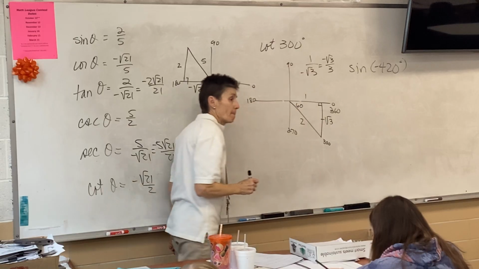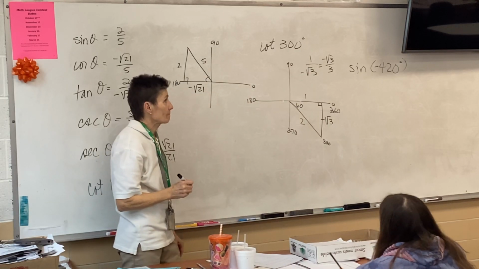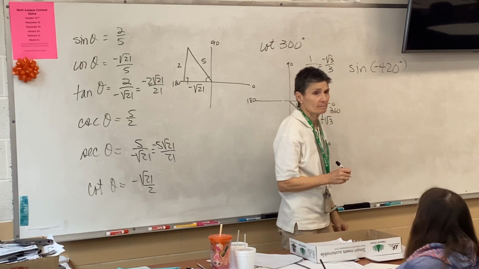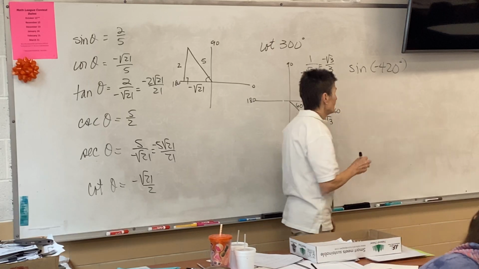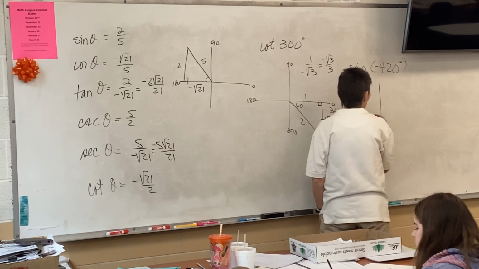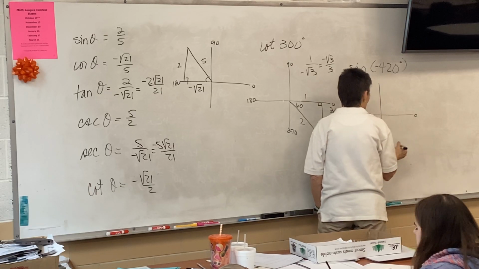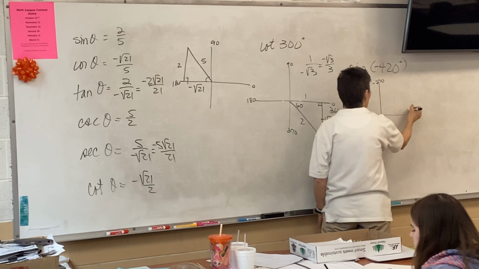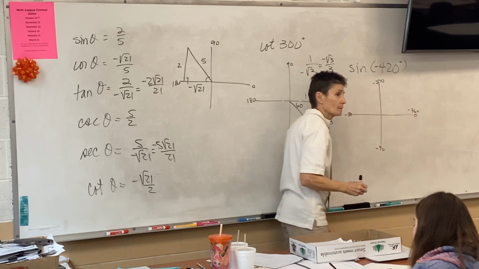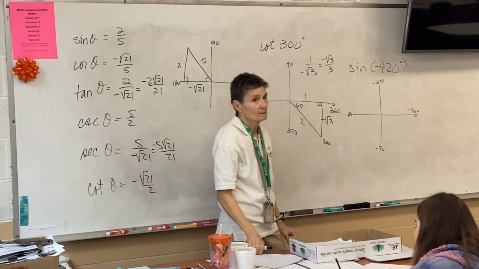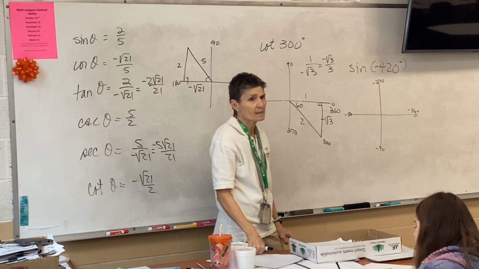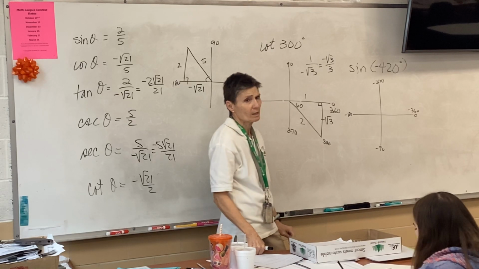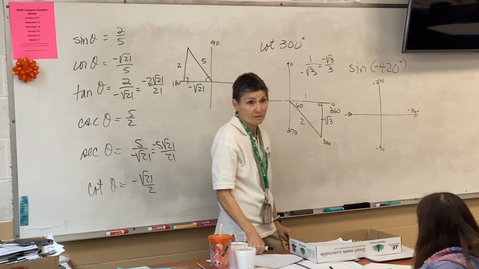Alright, here we go. A little bit different. First of all, what does a negative angle mean? It means I'm going this way, right? So these are my labels. Now wait a second. All the way around is only 360. That's 420. What's going on here? It's more than once around?